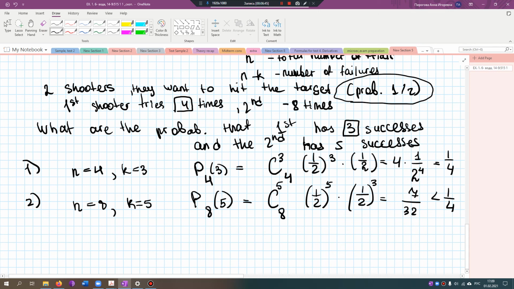But when you have the probability, for example, 1/4 for success and 3/4 for failure, you will need to use these numbers in the formula according to the Bernoulli formula. So you will need to put the probability which corresponds to success and to failure.